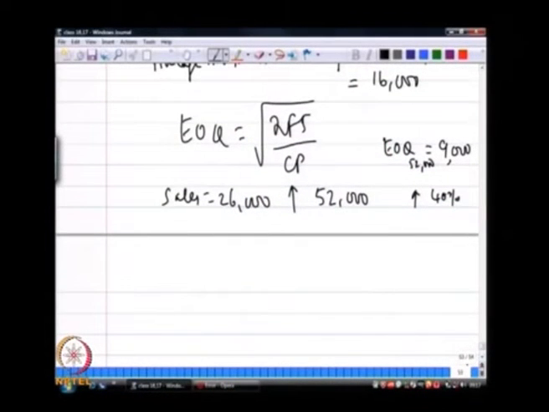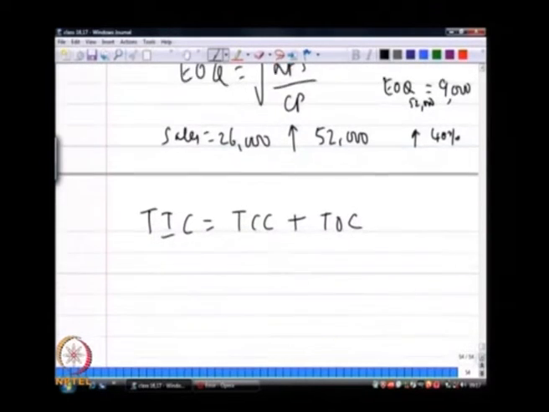Now, let us just split this total inventory cost. As we saw in the previous class, we know that it is a sum of the total carrying cost plus the total ordering cost.